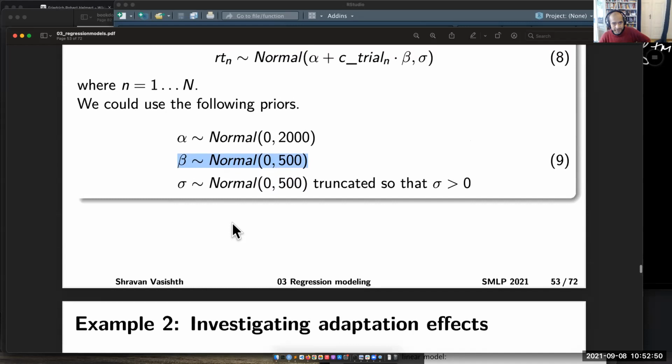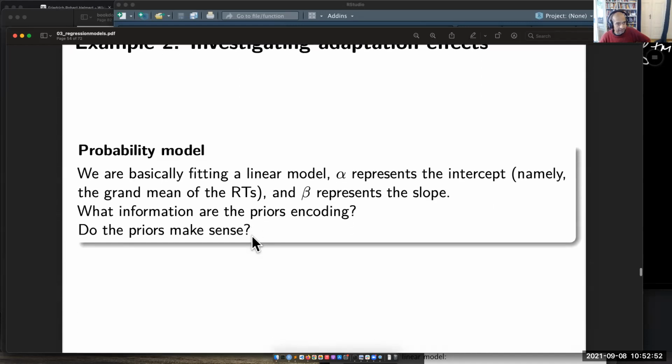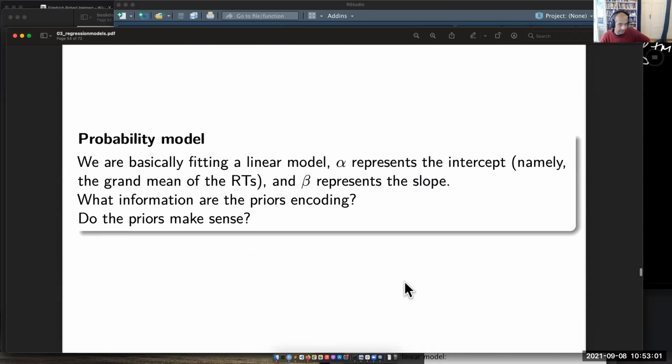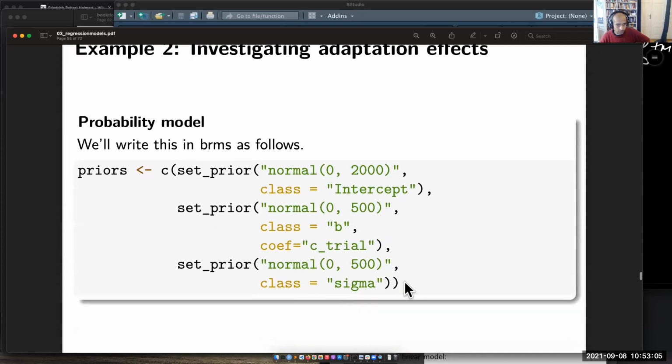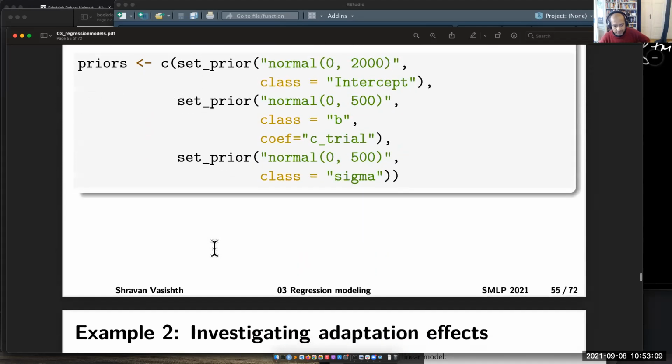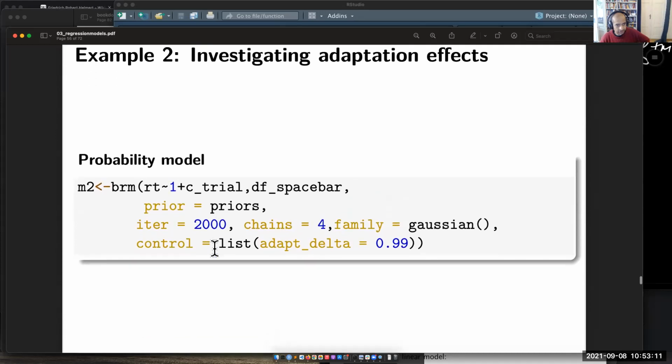All the other parameters are the same. The beta is usually called the slope in our applications. We can always check whether the priors make sense using prior predictive checks, but I think we can skip that step. That's something you can try out yourself. So I've defined the priors.